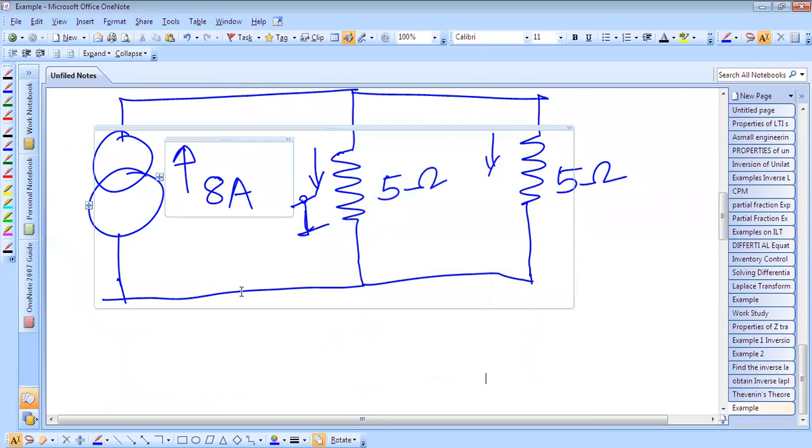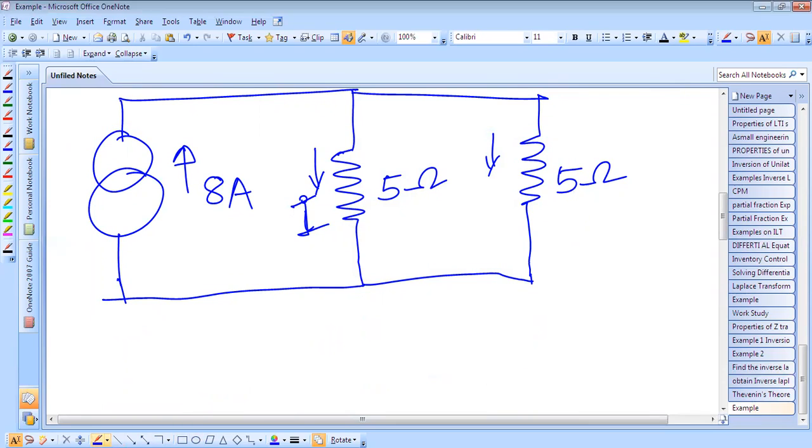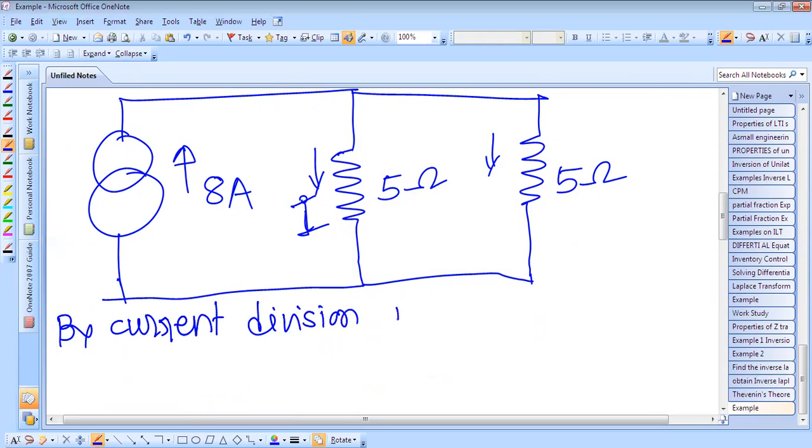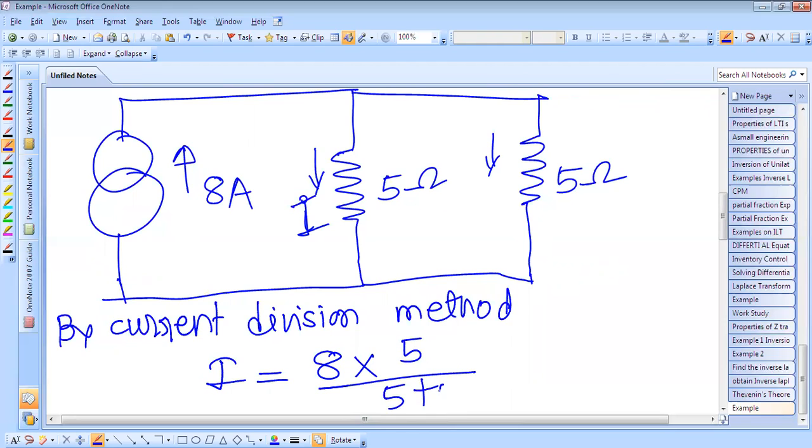So by using the current division method, we can easily find the current I. By current division method, I is equal to the total current into 5 divided by 5 plus 5, which is 4 ampere.